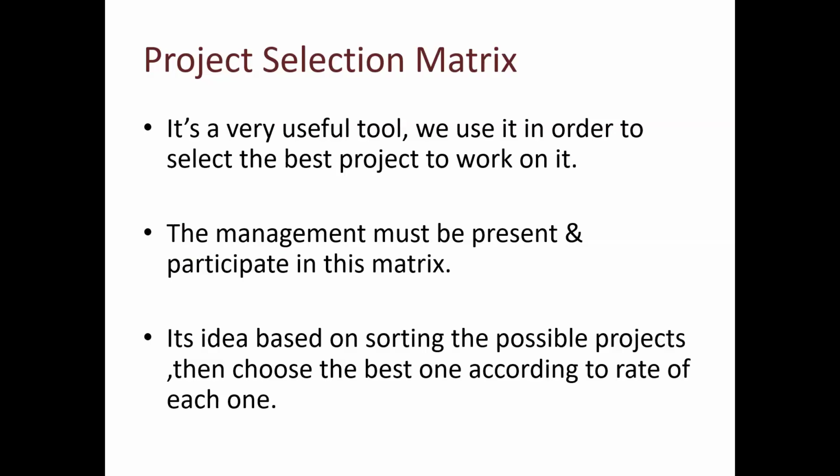And actually, this prioritization matrix or selection matrix is something very old in mathematics and statistics. We call it in math the weight and rate matrix. So you may find it in a lot of applications and with different names. For instance, here you know it with the name of project selection or project prioritization matrix.